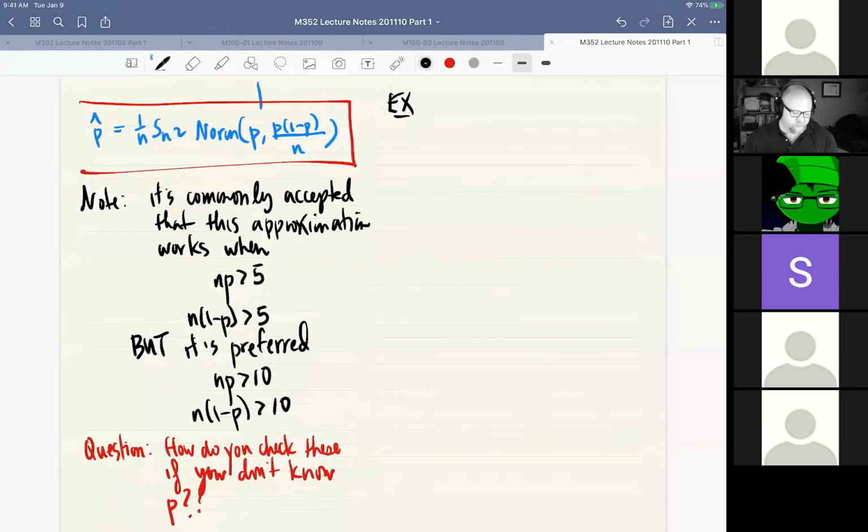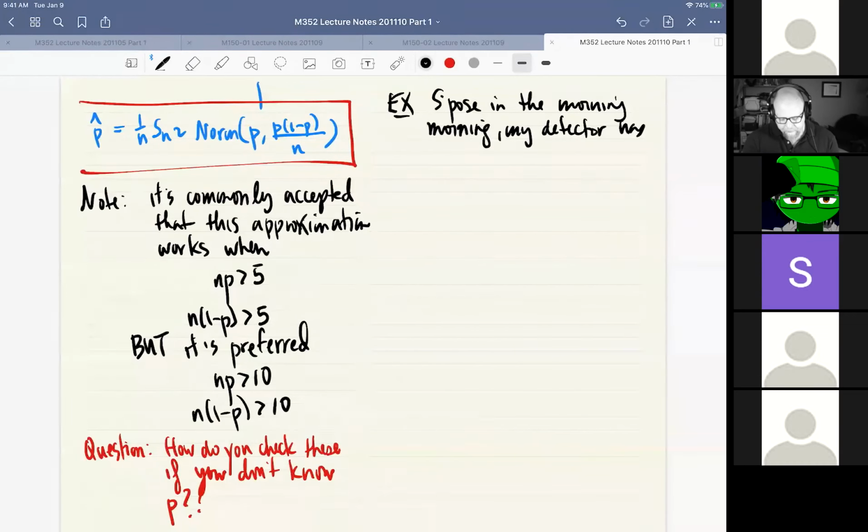So let's turn to another bat example. My bat detectors record throughout the night, and suppose in the morning my bat detector has 2,000 recordings for me to look through.